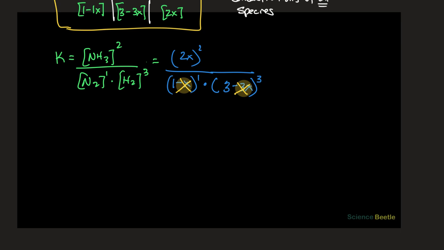Moving things up a little bit, if I simplify, this becomes the 2x. We do still have to square it, but now we're going to divide it by 1 raised to the 1 power multiplied by 3 raised to the 3 power. Now the value of K was given to us, so it's important that we put that number in, and that number is 1. Let's go ahead and do that down here.